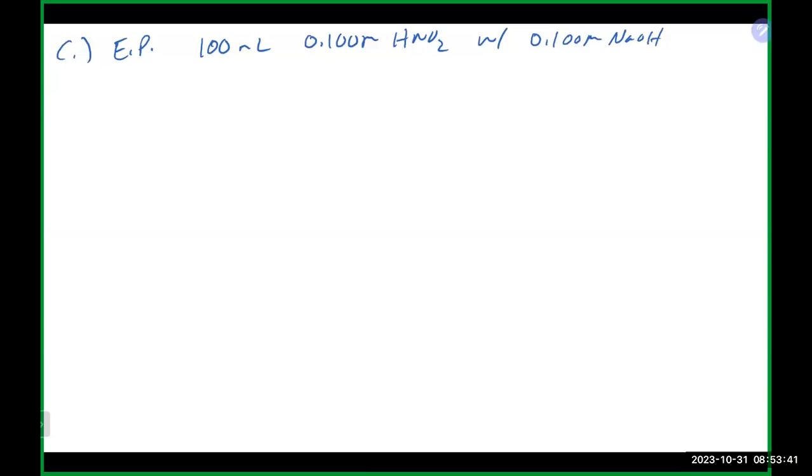How much volume do I need to reach the equivalence point in this case? You will need 100 milliliters. And that is because they are actually the same concentration, and it is a one-to-one relationship, which means you need equal amounts to get there.